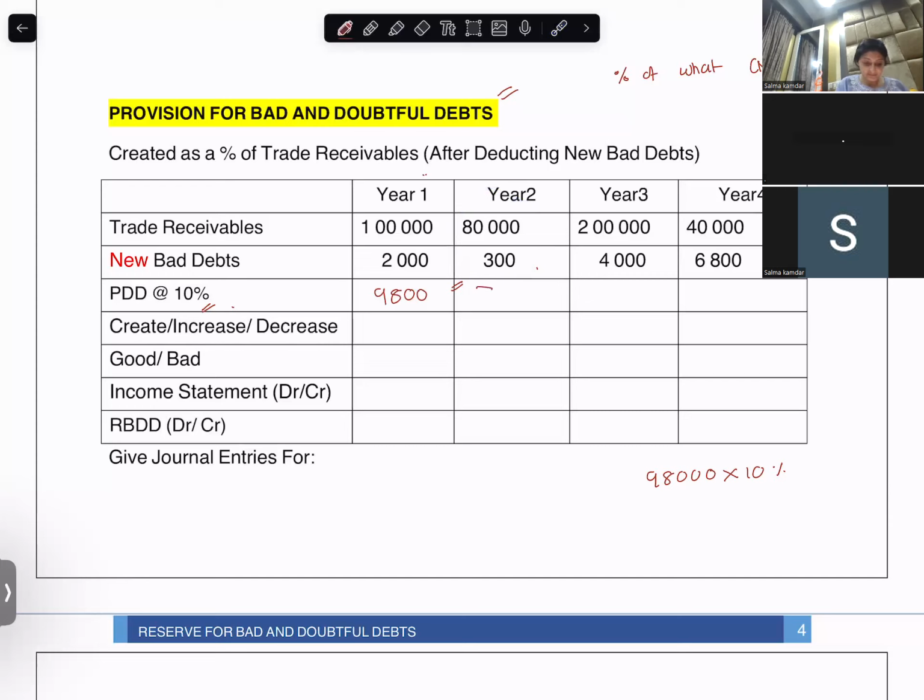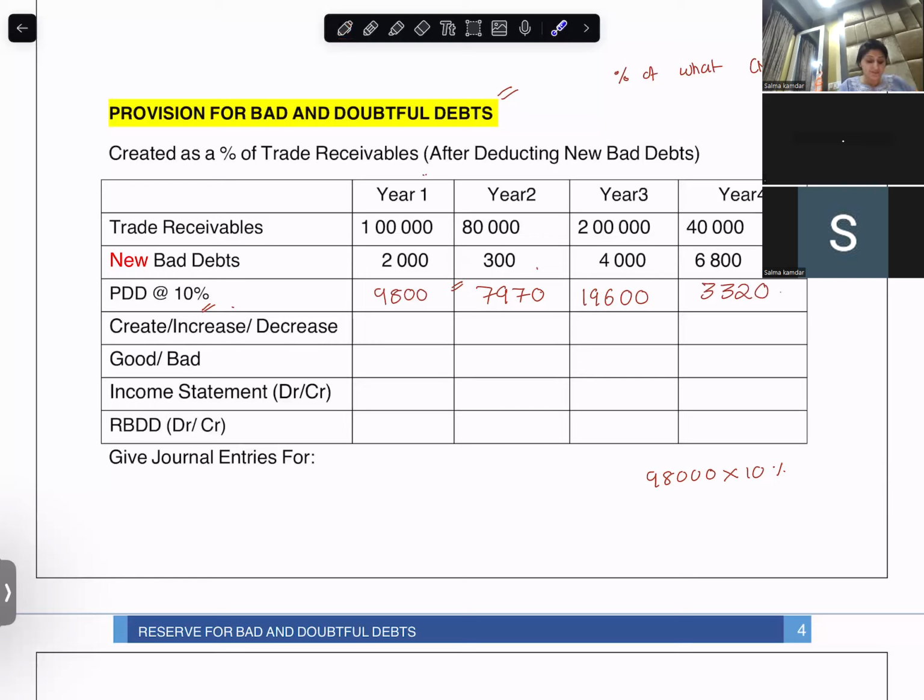For year three, 19,600. Year four, 3,320.